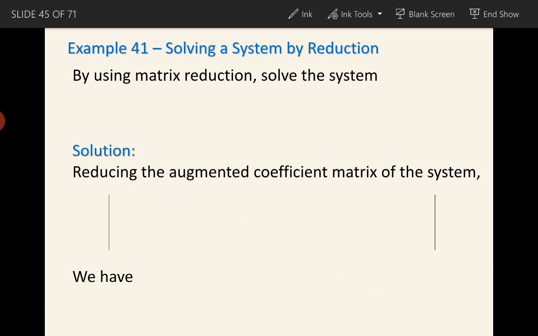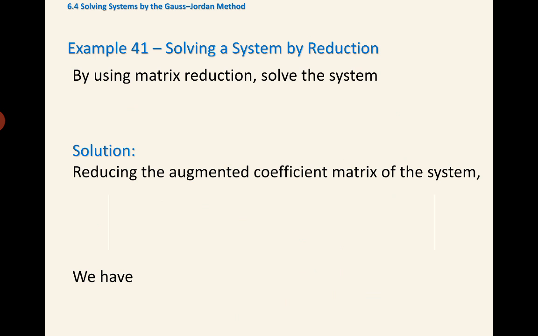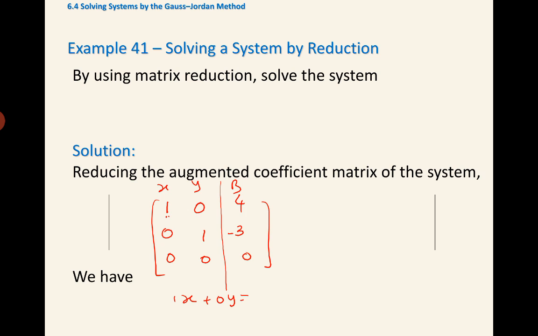So the reduced form is 1, 1, 0, 4, 0, 1, negative 3, 0, 0, 0, isn't it? This is the column for x, this is the column for y, and this is the right side, separated by a line. Now going back to the equations: 1 times x plus 0 times y is equal to 4.